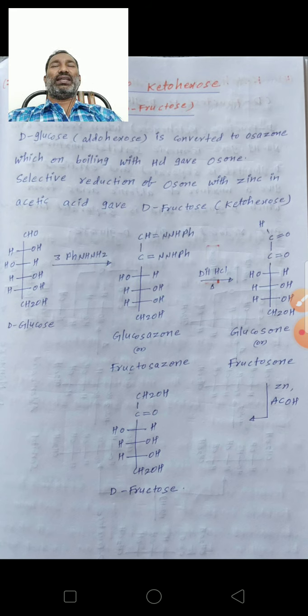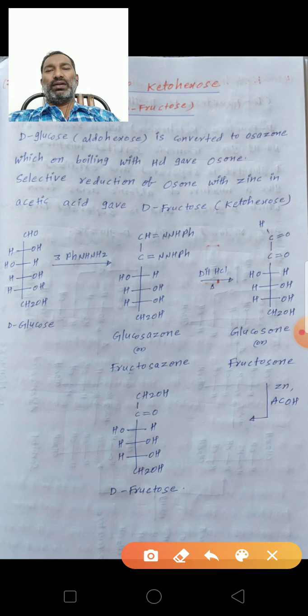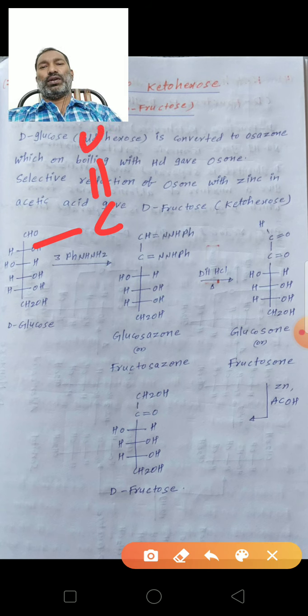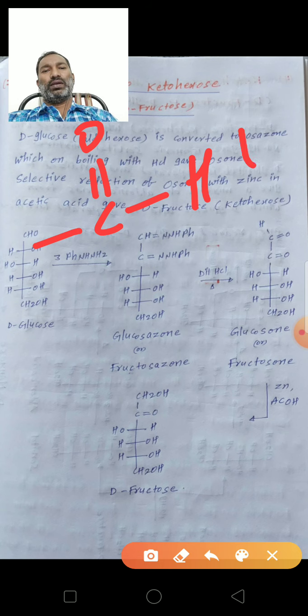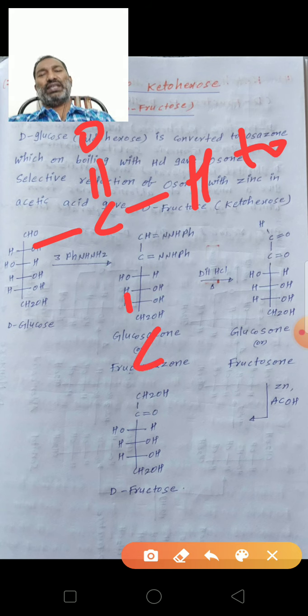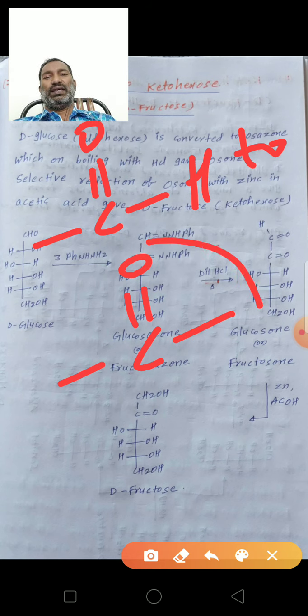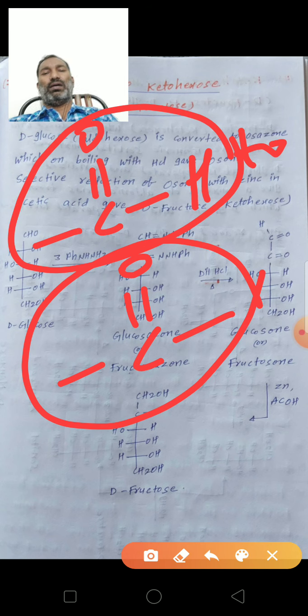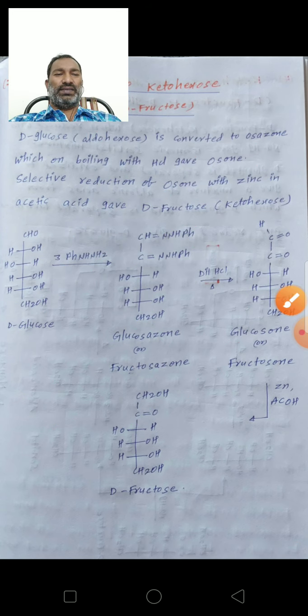So aldose contains the aldehyde functional group and ketose contains a keto functional group. So here we can observe the aldehyde functional group, that means C double bond O H functional group, converts to the C double bond O keto functional group. This is the keto functional group, this is the aldehyde functional group. So number of carbon atoms are same. So we know this, the example of D-glucose to D-fructose.